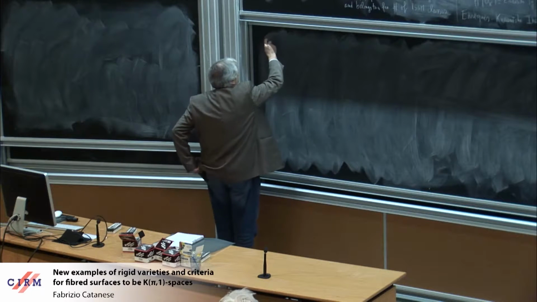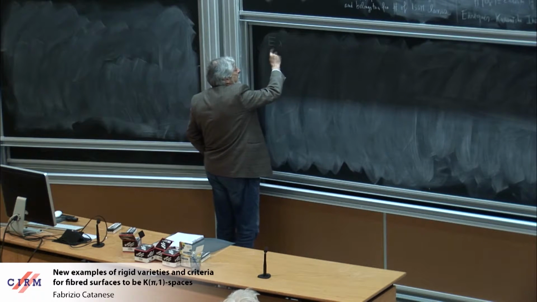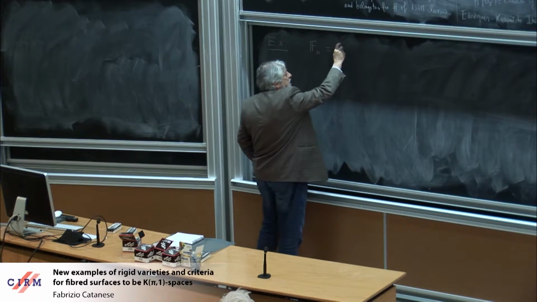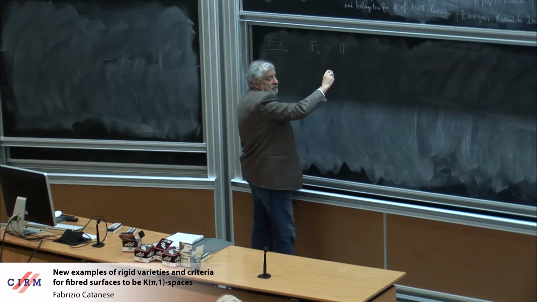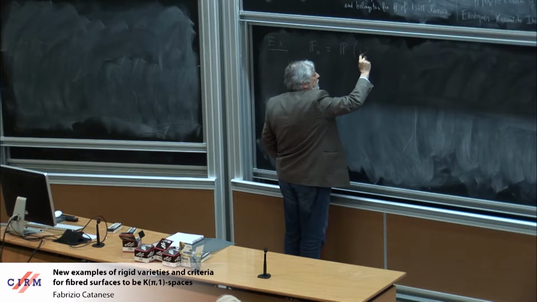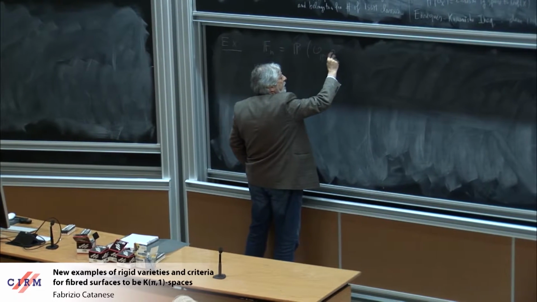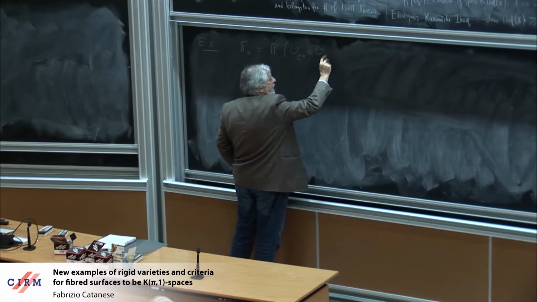So the basic example is Fn, which is the projective bundle associated to the vector bundle on P1, O_P1 plus O_P1(n).